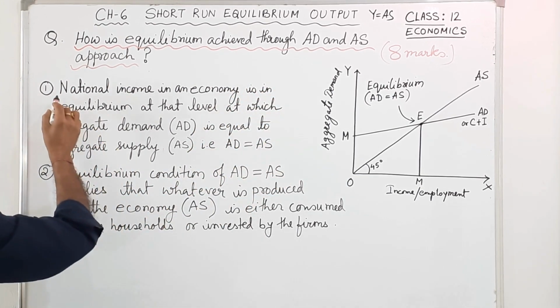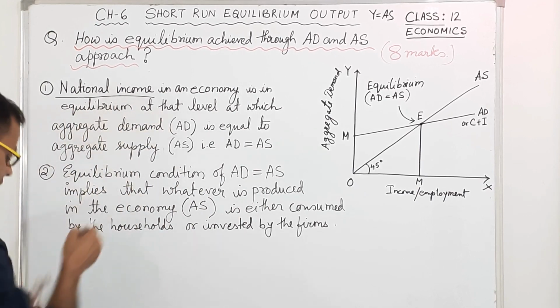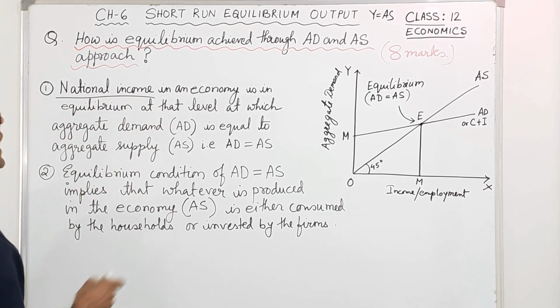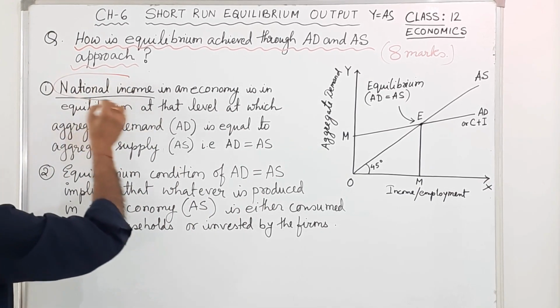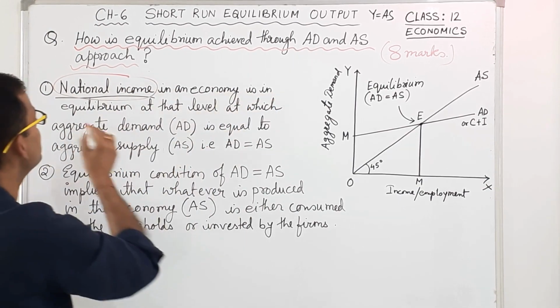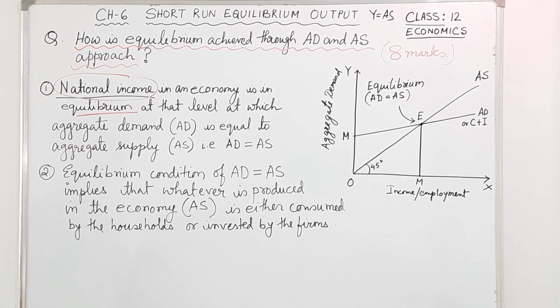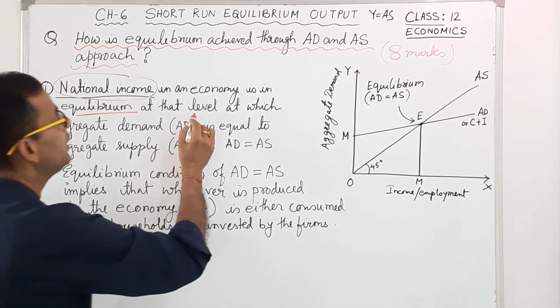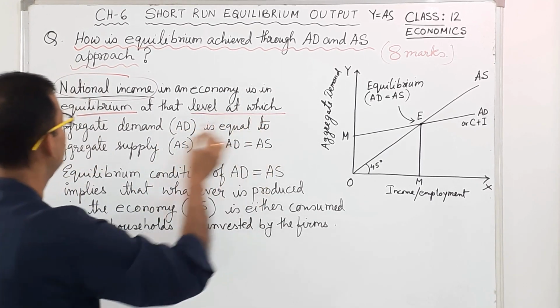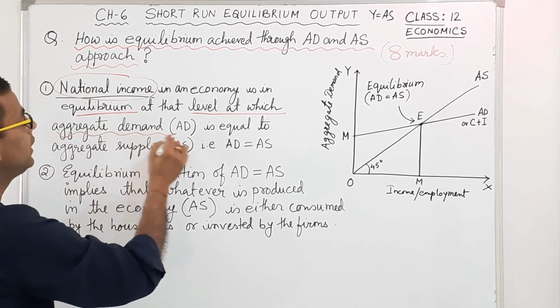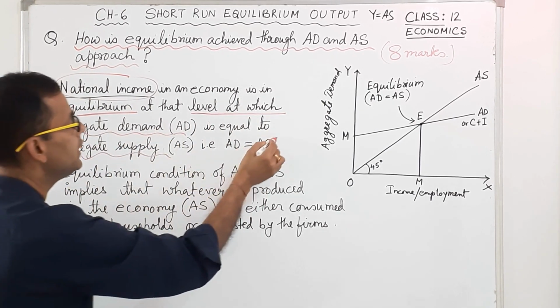Now national income, if I highlight with another color, national income in an economy will be in equilibrium at the level at which aggregate demand and aggregate supply are equal.